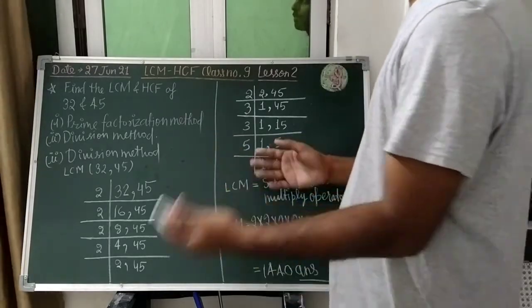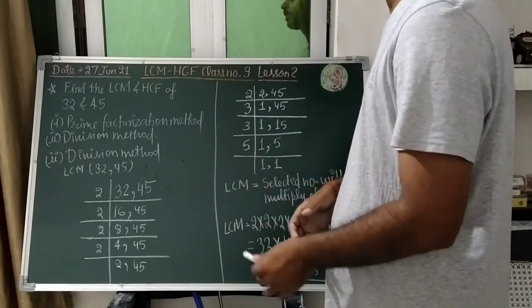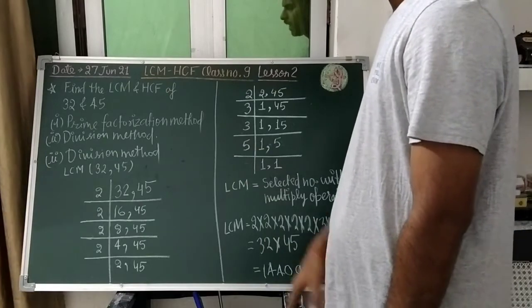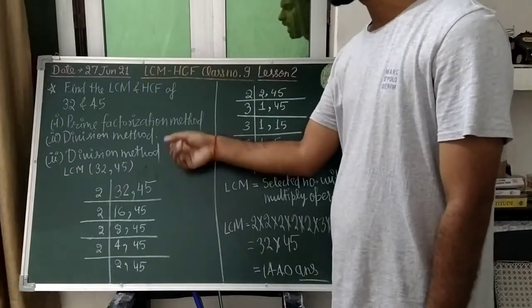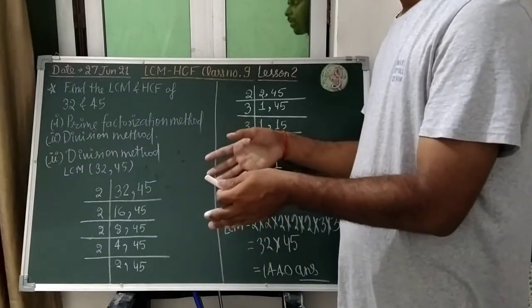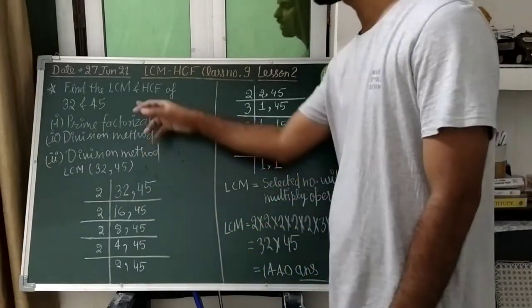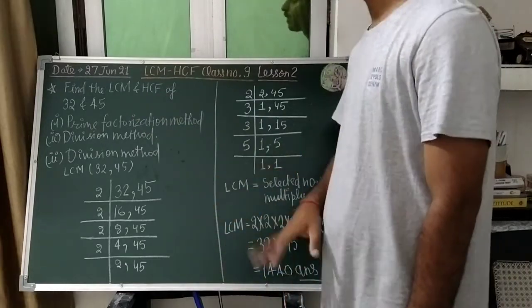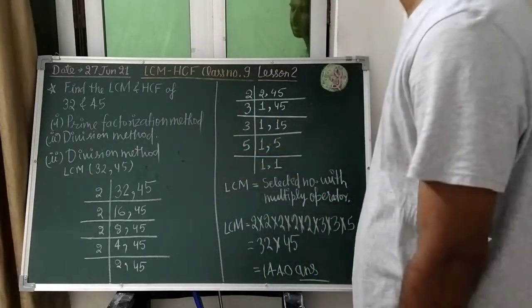So in the prime factorization method, we were selecting one number at one time only. But in division method, when we are finding out the LCM, we shall write down all the numbers given in the problem and will follow the same rule.